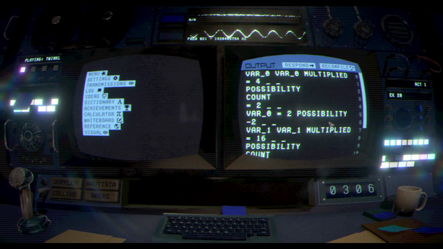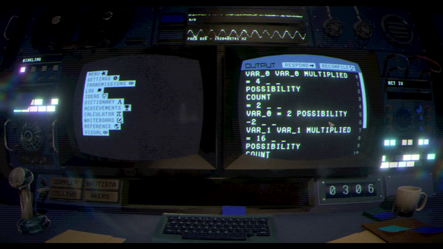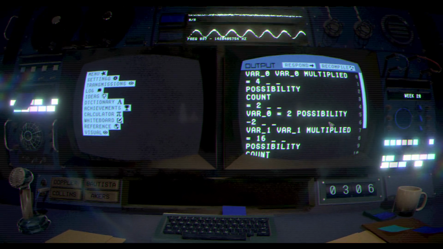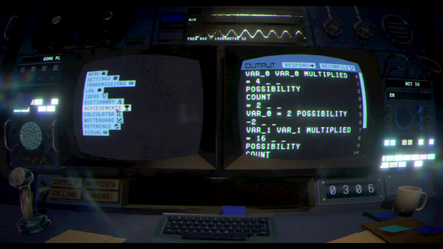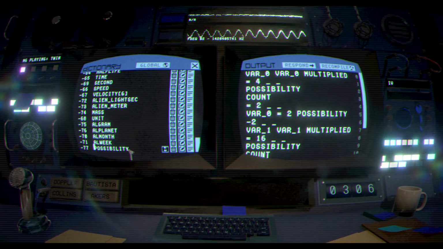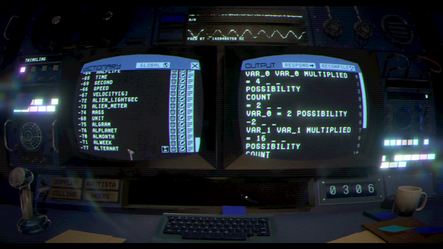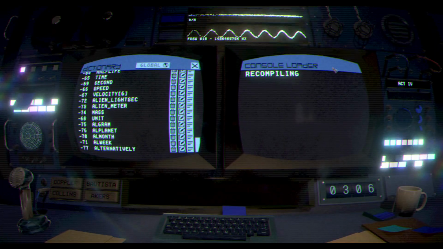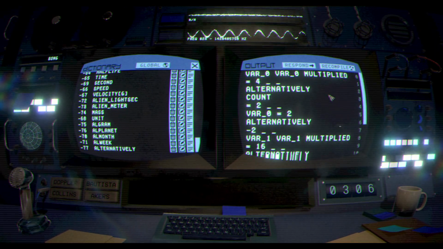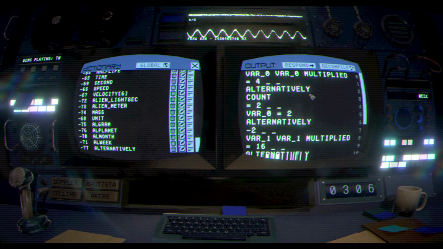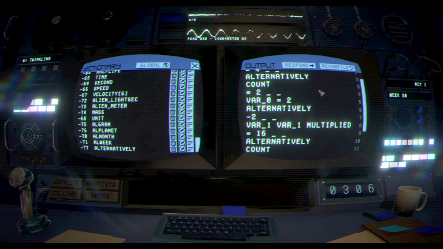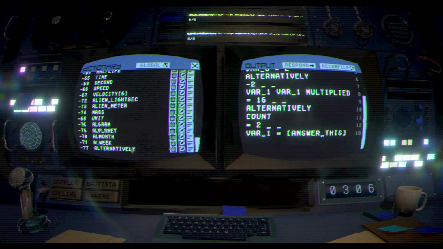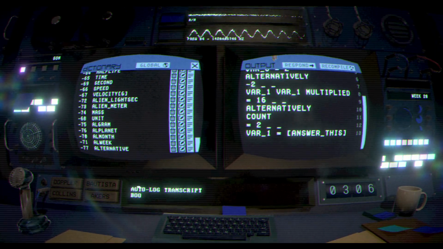Var 0 equals 2 possibility -2. Maybe we can say alternatively. Okay, var 1 multiplied equals 16. Alternatively, alternative, we'll just say alternative.